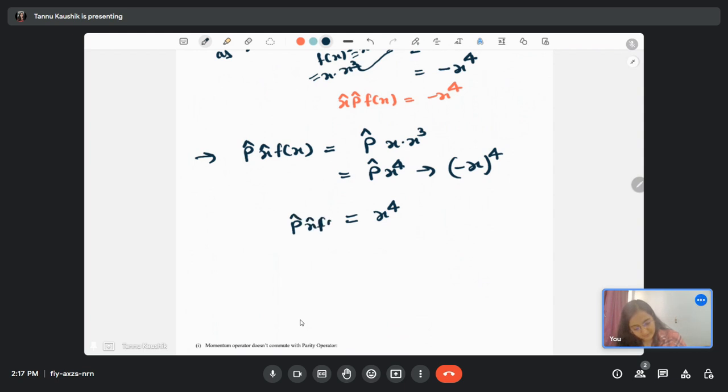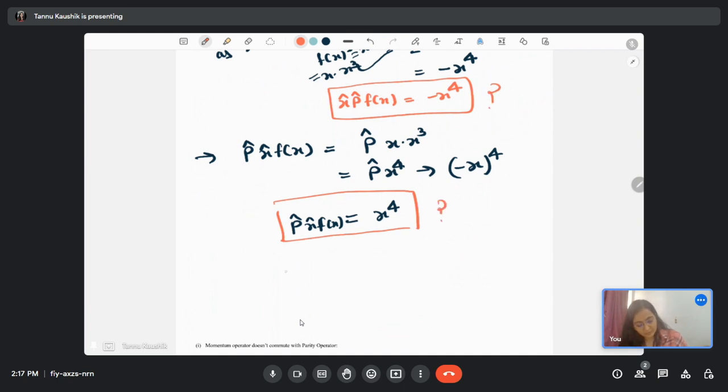So here what we get is x to the fourth. So if you see, are these two things equal? No, they are not equal.